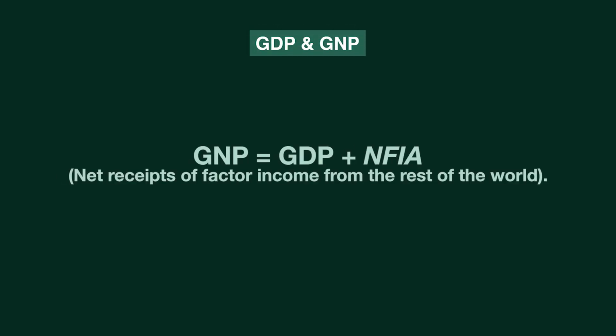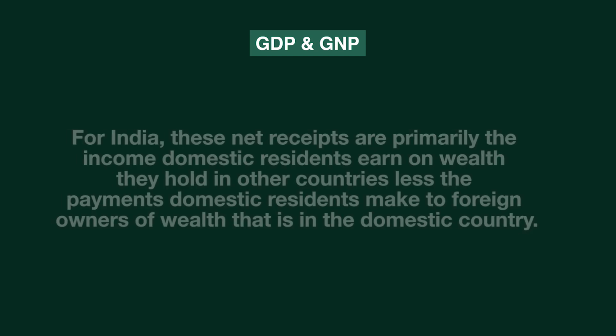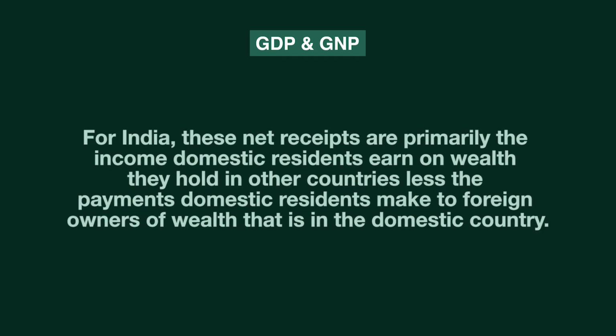That is, GDP needs to take into account NFIA, net factor income from abroad. So, we will have GNP equal to GDP plus net factor income from abroad. In the case of India itself, the NFI factor is very high in positive terms.